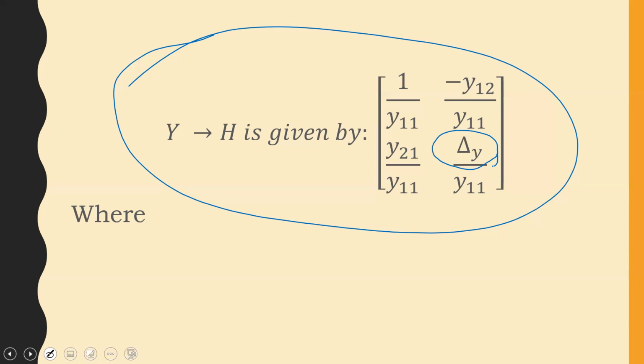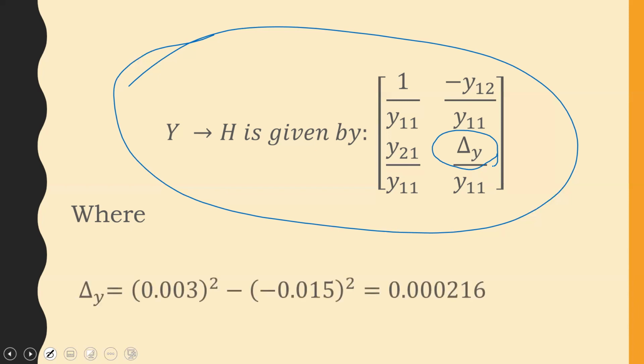And so delta would be the product of the elements on the leading diagonal minus the product of the others. And that gives us 0.0000216.